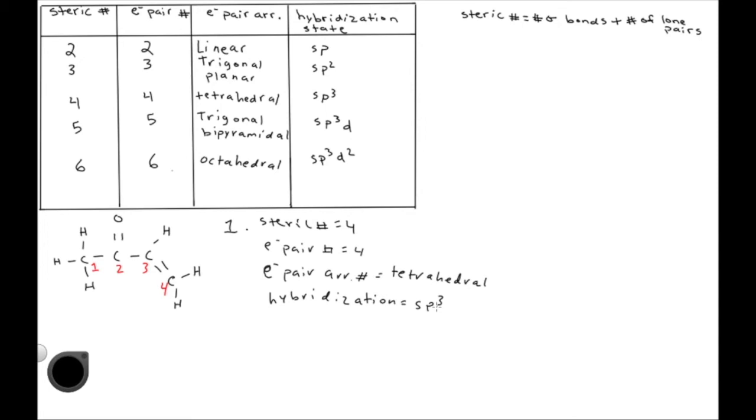For carbon 2, since there are 2 single bonds and 1 double bond, and since double bonds count as single bonds in our system, we say that there are 3 electron pairs. And that gives us a steric number of 3, because 3 plus 0 is equal to 3, right? 1, 2, 3 sigma bonds for carbon number 2.